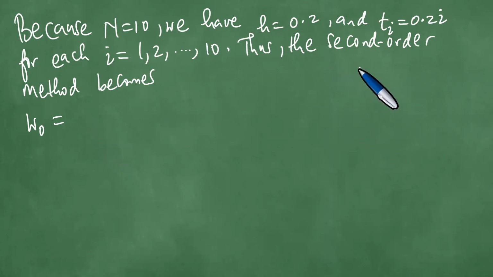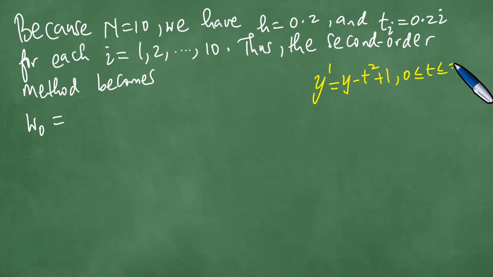Because we know that in this question, y prime is y minus t squared plus 1, and y0 is 0.5. Look at these now.